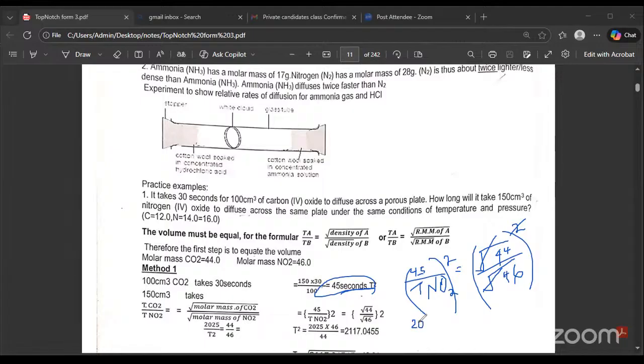So it is 2025 over T squared, T of nitrogen peroxide squared, is equivalent to 44 over 46. I wanted only to show that one, but it will continue the same.